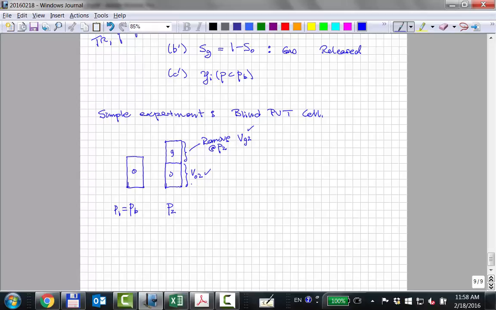Okay. So we use a blind cell. It's a simple experiment. The gas that's removed, you basically take this through a flash process to standard conditions. You go through a gas meter to estimate basically the equivalent surface gas volume that's been removed. Typically, we don't worry too much about the liquid that condenses from the gas in most experiments.